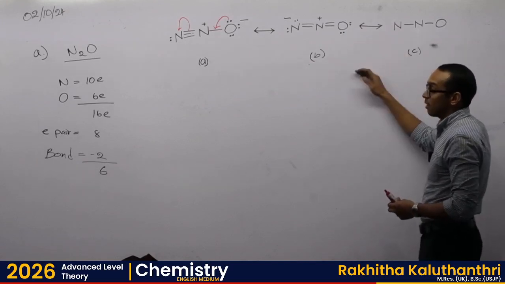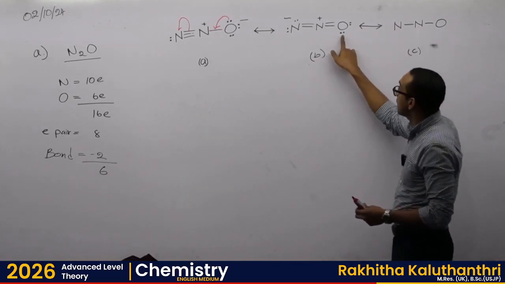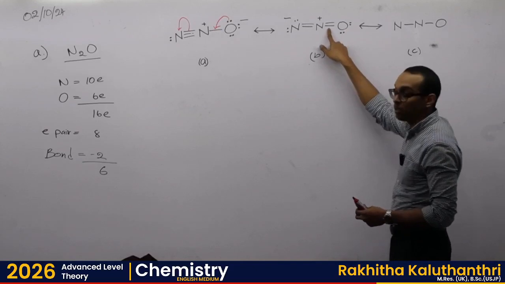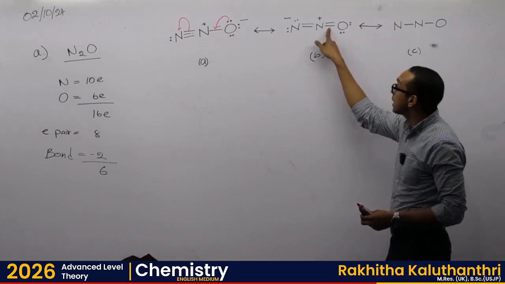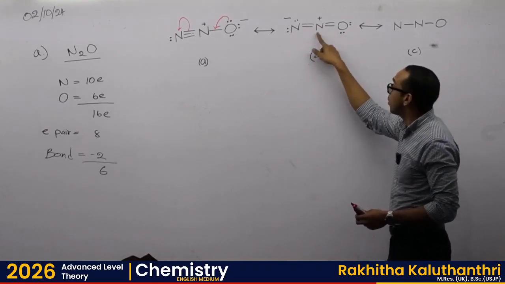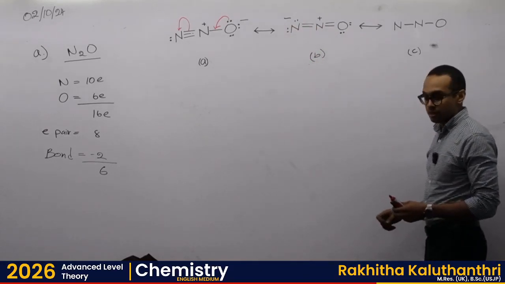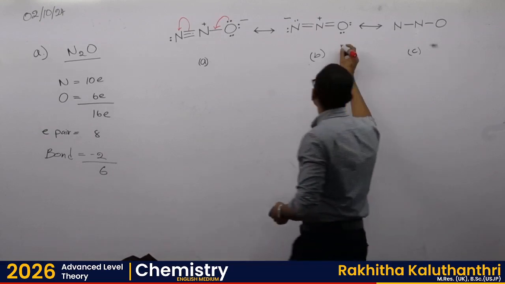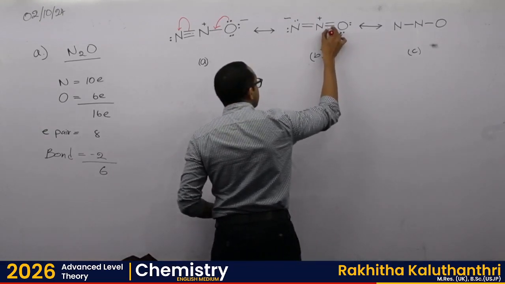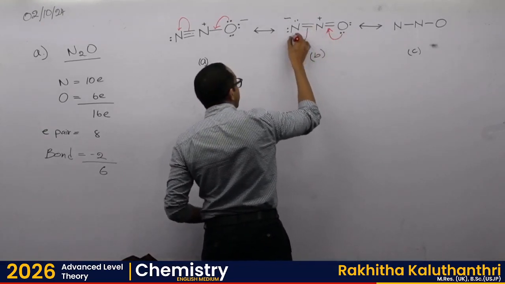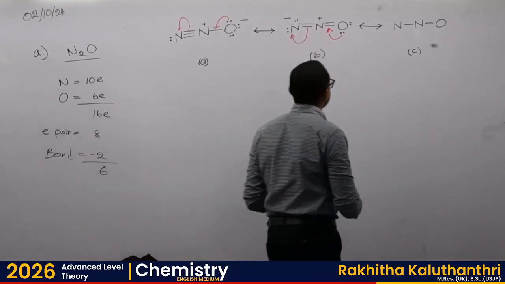Now we have to draw another one. So we can do another thing. You can take one of these lone pairs, again convert into a bond. When you do that, nitrogen can't have 5 bonds, so one of these bonds should break and give electrons to the other nitrogen. I can show you this. And this bond will break and give electrons to this nitrogen.